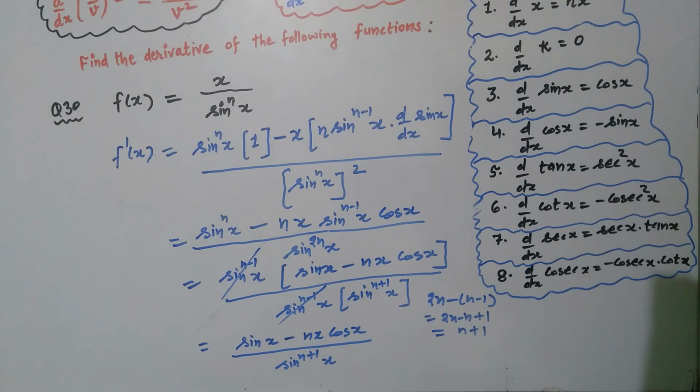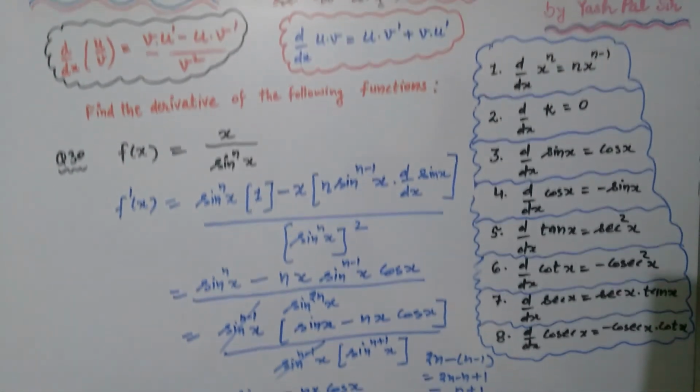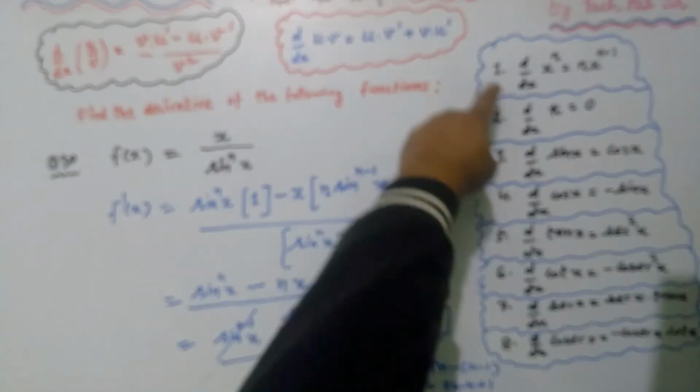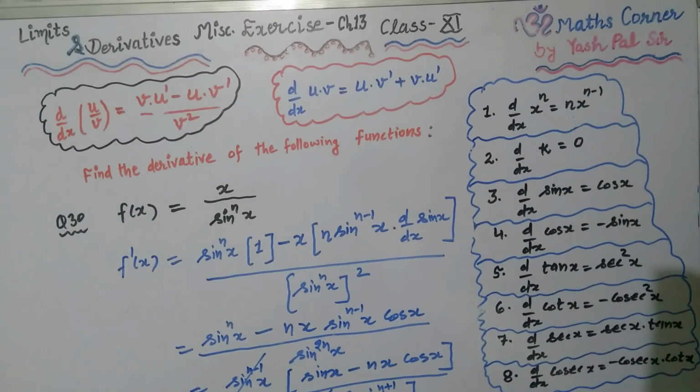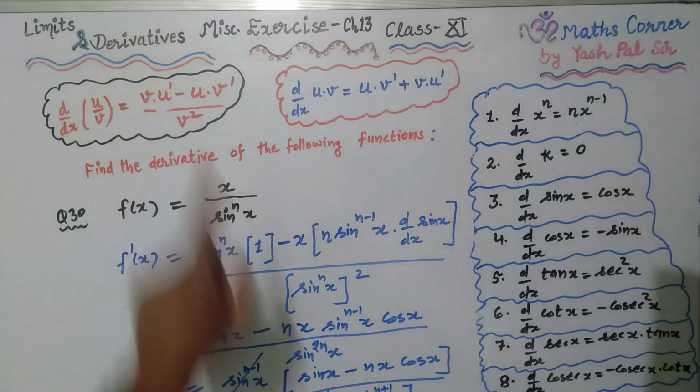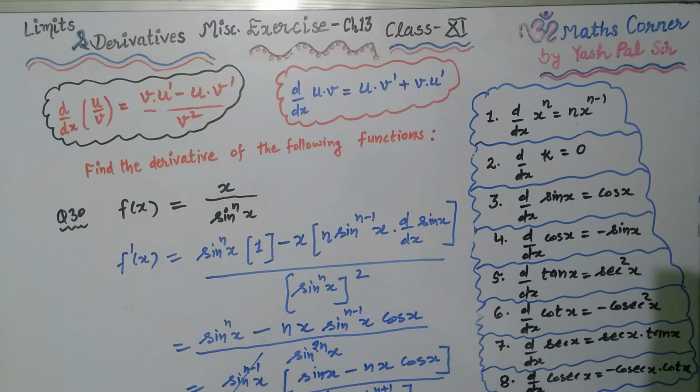So we have seen that if we know all the formulae, basic standard results, then we can solve any question of the exercise, any question of the topic limits and derivatives. Okay, so that's all of this exercise and the chapter limits and derivatives. Thank you for watching. Thank you once again.